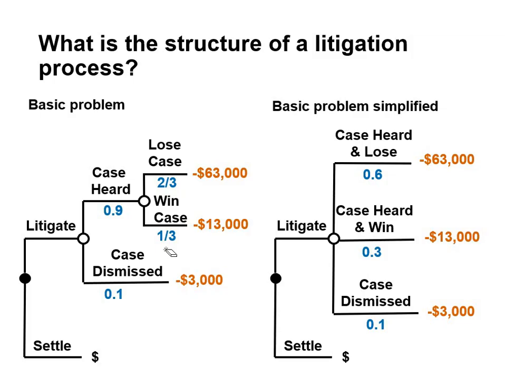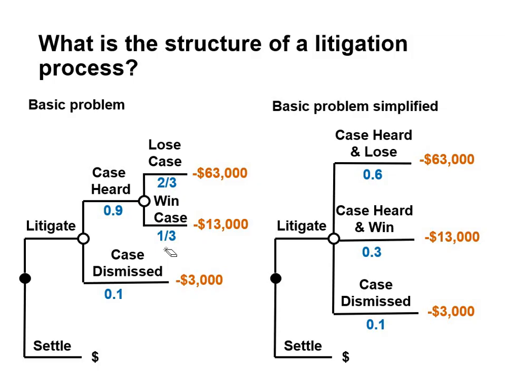So 0.9 times 2/3 is 0.6. What also can happen is that you litigate, the case is heard and you win the case. That is 0.9 times 1/3, so now we have 0.3.